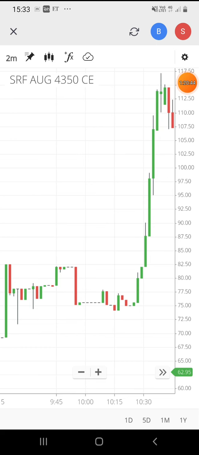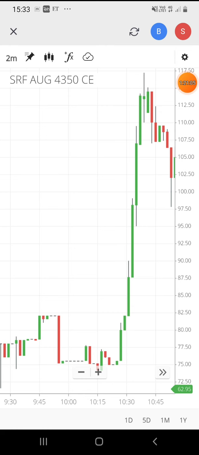That's why once our resistance level breaks, most of the time these shares will fly high. That is our calculation, our strategy, and 99% it is working as we expected. So this was the resistance for SRF. Once that level broke, you can see it went to 114 very easily, within 2-3 minutes.